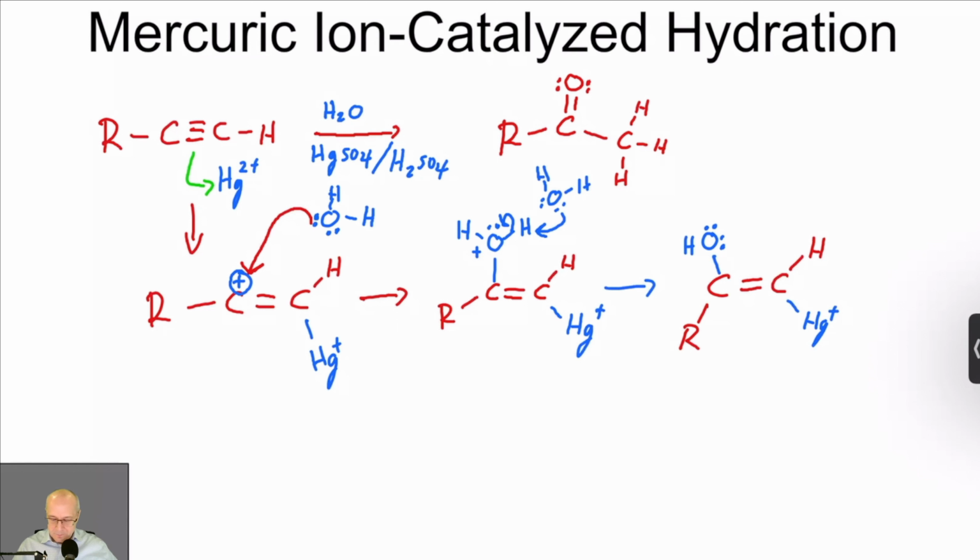Okay, now, at this point, more acid will come in. Now at this point, the pi bond from the alkene will attack the acid. You've seen alkenes do this before. So this is not new.